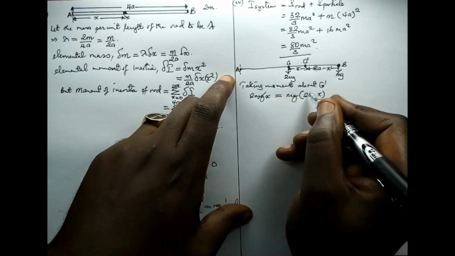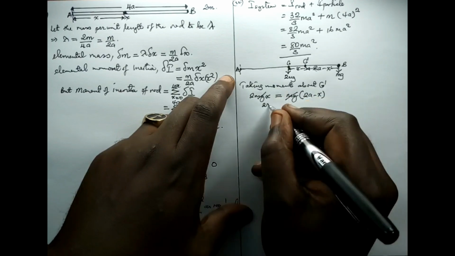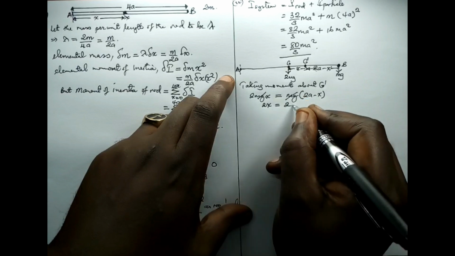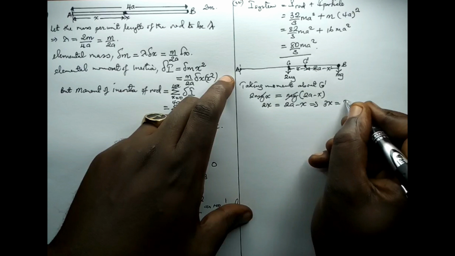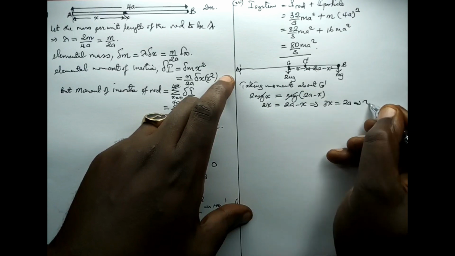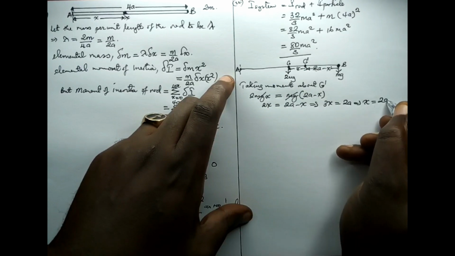The mg's will cancel, and then I have 2x equals 2a minus x, so that 3x would be 2a, and then x would be 2a all over 3.